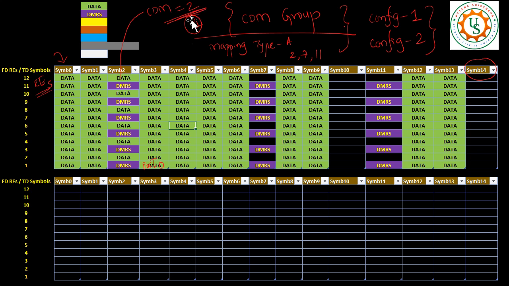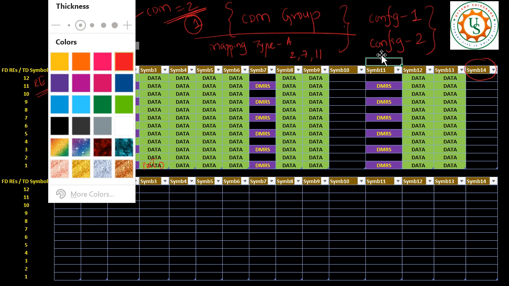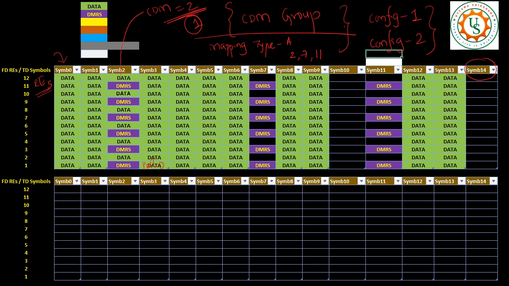Now what about CDM group number 3? That is used when we are going to talk about config type 2. For now, I will take config type 2 and represent it on symbol number 7 itself, for the sake of simplicity.